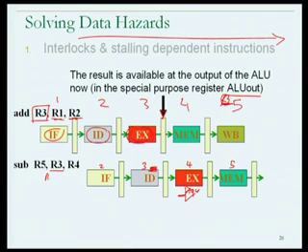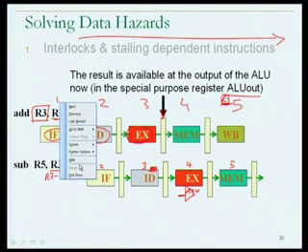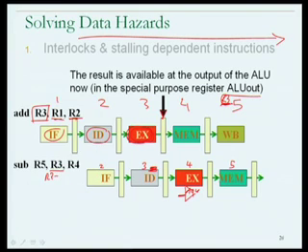In order to subtract R3 minus R4 in the ALU stage, it must have at its ALU inputs the values from register R3 and from register R4. And you notice that this is a point in time after the point in time at which the desired value is actually available in the register called ALU out.